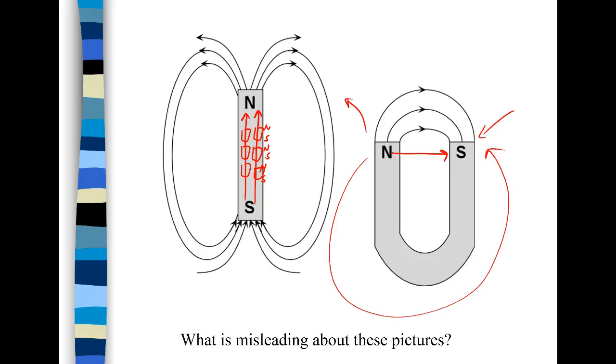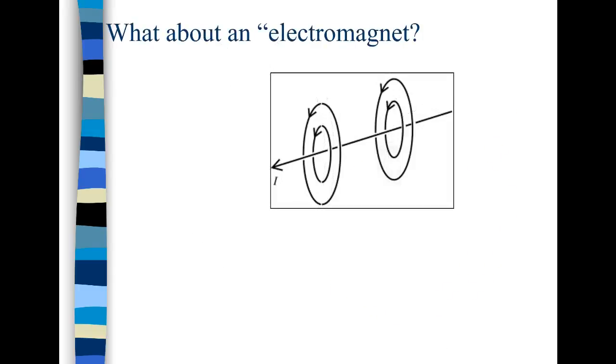You can also have, and we'll be talking about this a lot more in chapters 29 and 30, an electromagnet, and that's essentially a magnetic field which is caused by a current. So in this first picture here, we see a current or a wire, I, that has a magnetic field that's looping around it, and we'll talk more about this a bit later on.